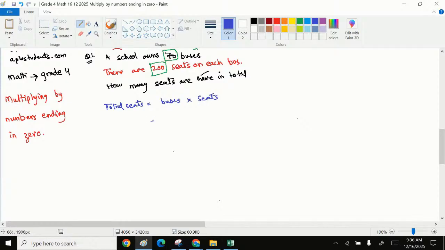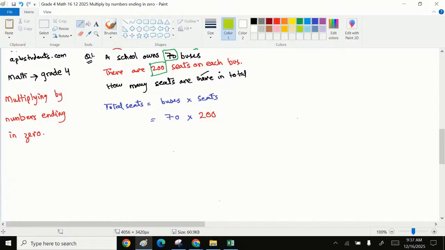How many buses were there? There were 70 buses times the number of seats. How many seats were there? There were 200 seats per bus. So we need to multiply 70 by 200.